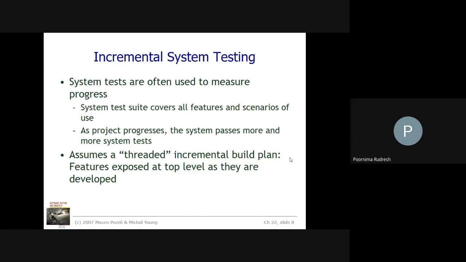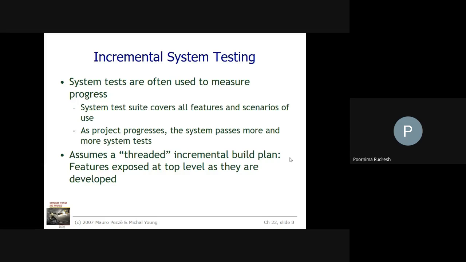And next, I explained incremental system testing. We perform incremental testing throughout the system development, and it is performed to measure the progress. Here we are using different test cases, or a system test suite, to cover all the features and scenarios of use.